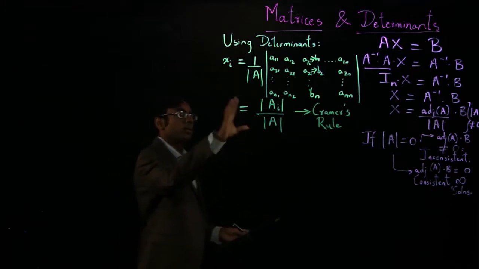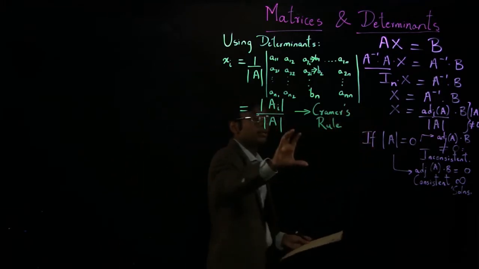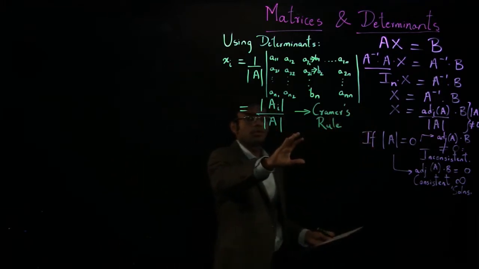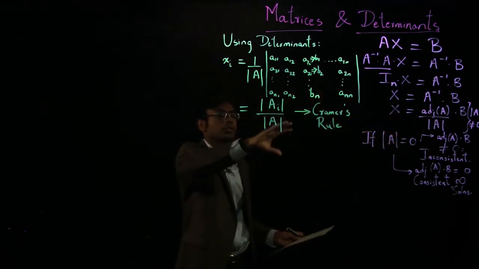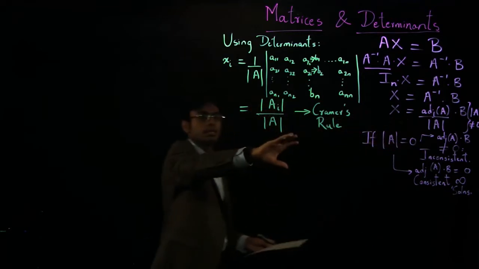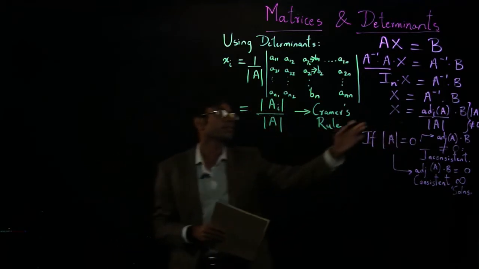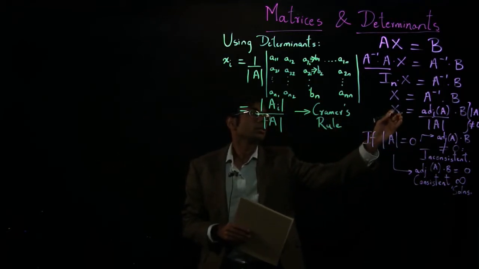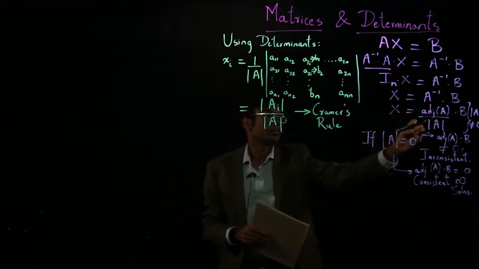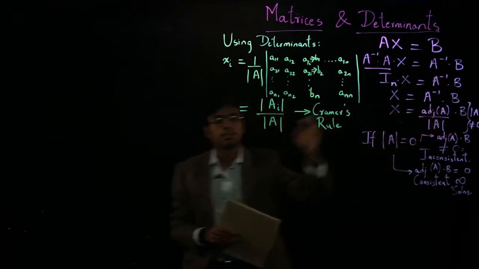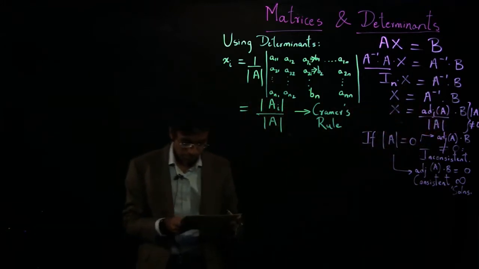In reality these two are identical. If you care to write this whole thing down symbolically, you can show that each element of this x will work out to be adjoint of A over determinant of A times the matrix B, which will work out to be this.